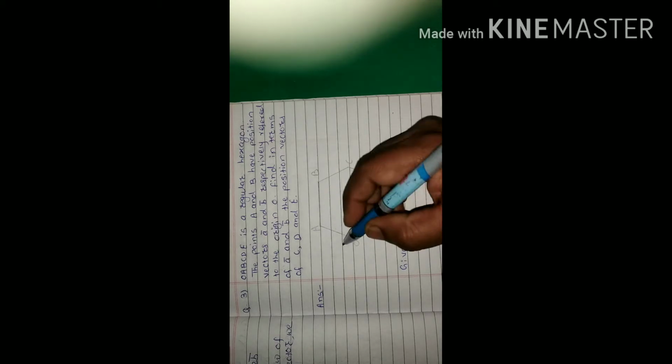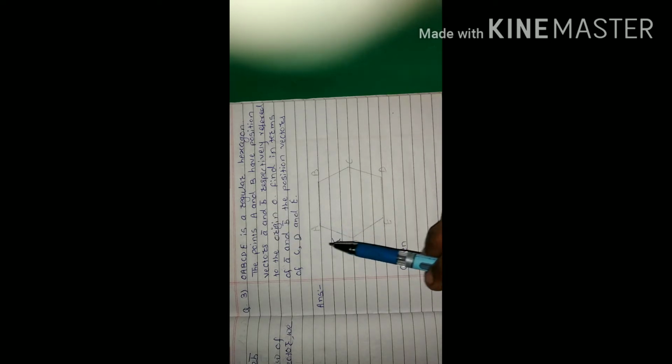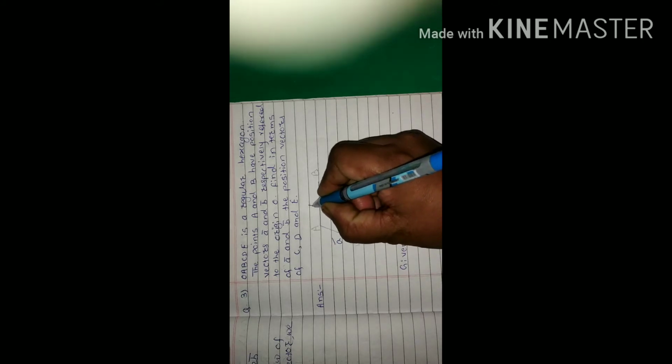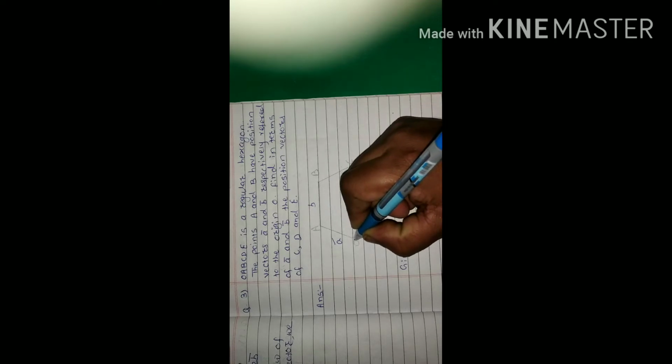First we write the given. The position vector of A is A bar, and the position vector of B is B bar. That is, O to A is A bar and O to B is B bar.